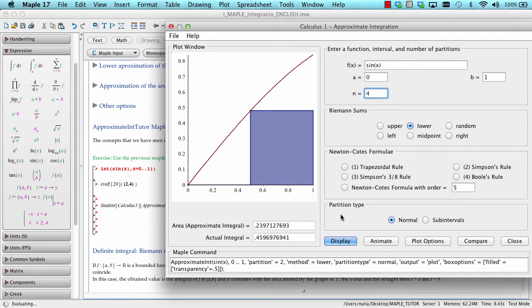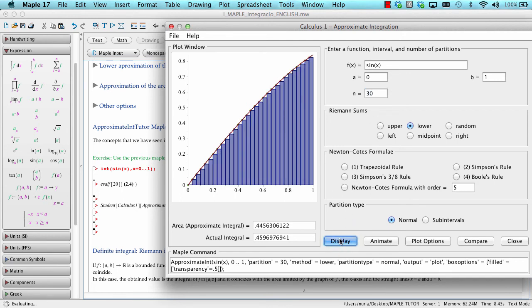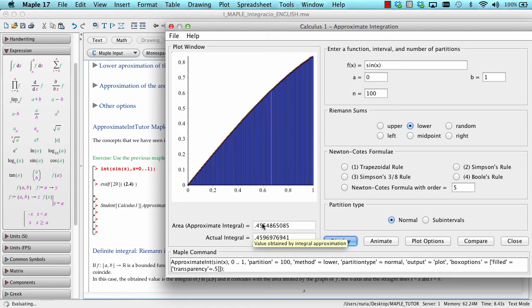So if we increase the number of intervals, we have 4 now. You can see that this value is increasing. We can use 10 again, 0.41, 30, 0.44, we can add up to 100. You can see that all the values are always below the exact value we're searching, but if you increase it, this value tends to this.